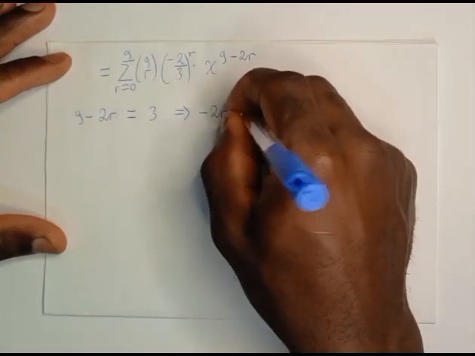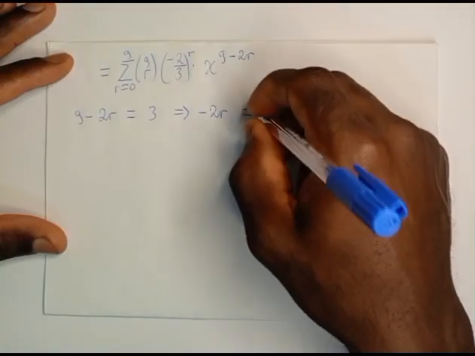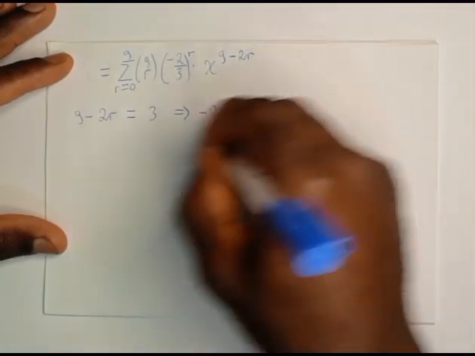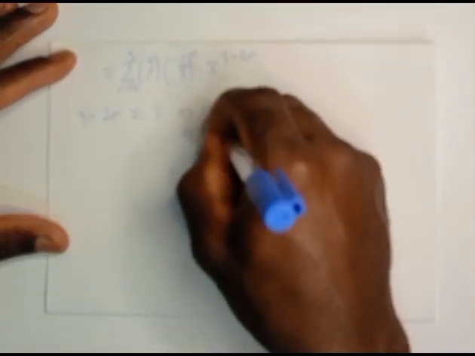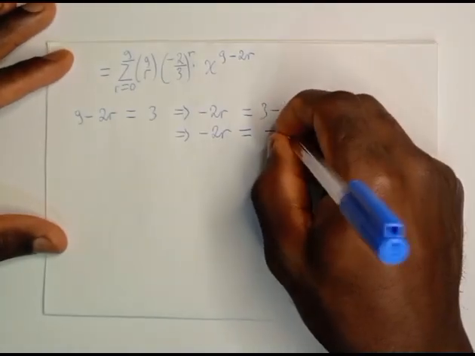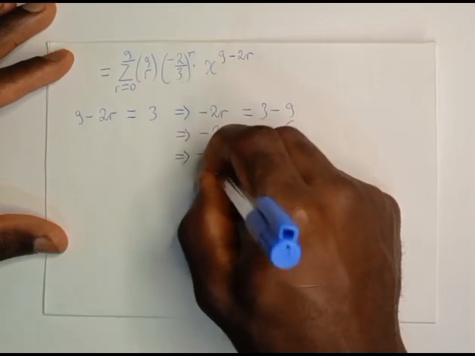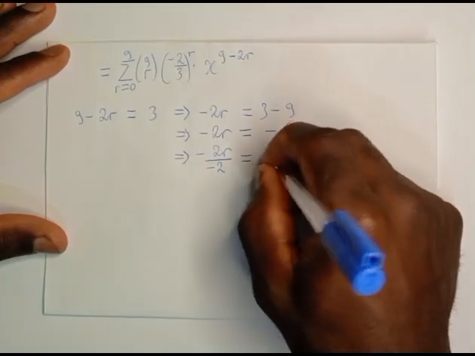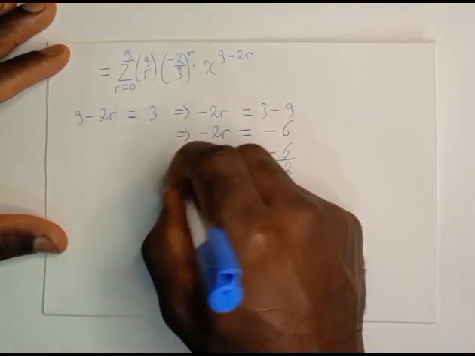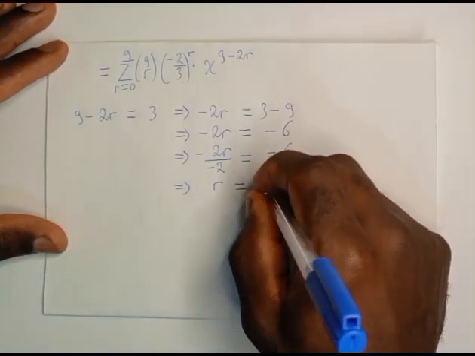Negative 2r will be equal to, we transfer 9 to the right, 3 minus 9, which is negative 6. Then dividing both sides by negative 2, negative 6 divided by negative 2, our r will simply be equal to 3.